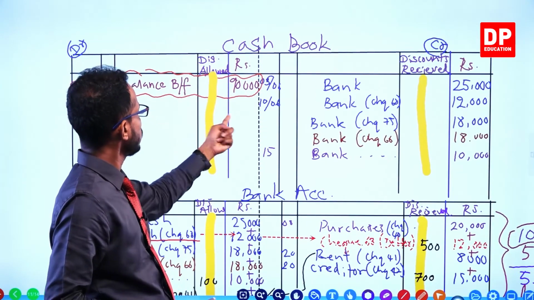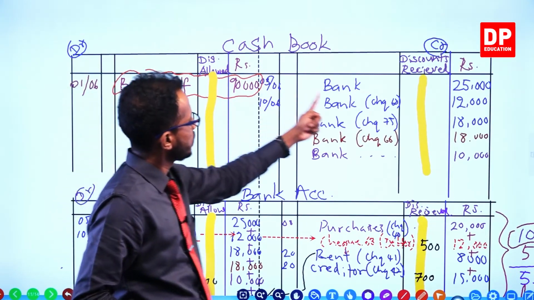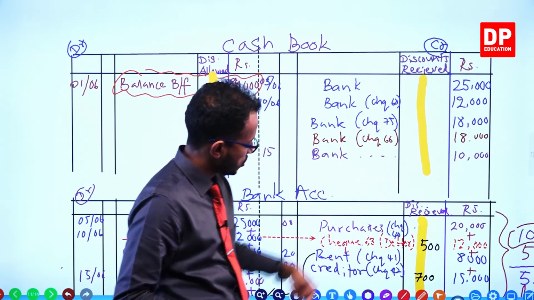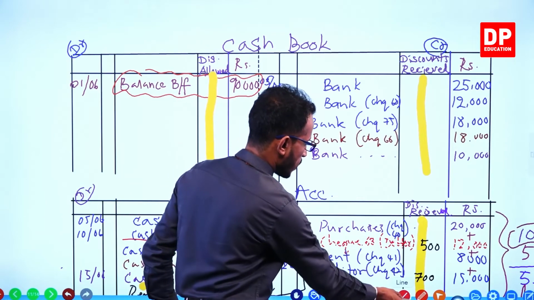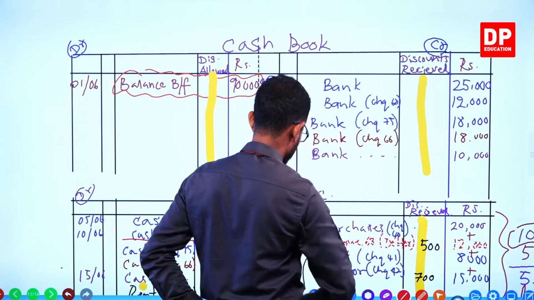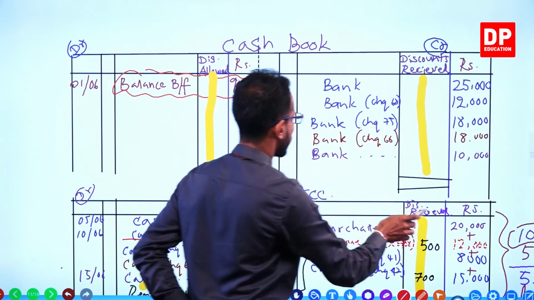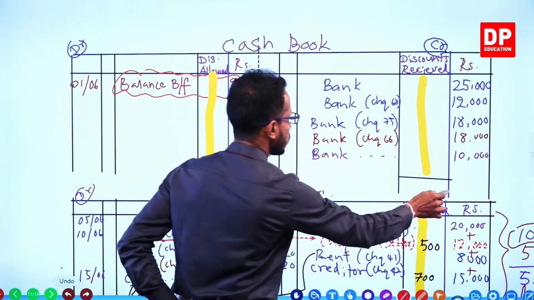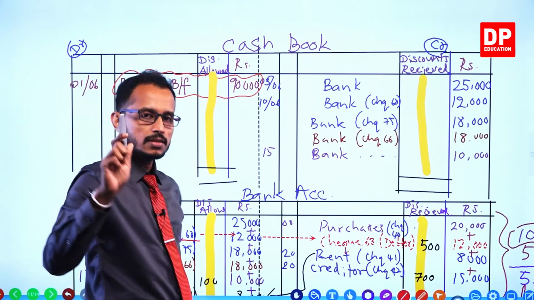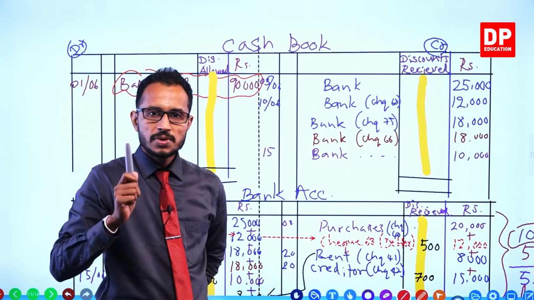In the cash book too, the discount columns should be totaled and totals should be mentioned in the sum boxes. Do not balance the discount columns. Just mention the totals.